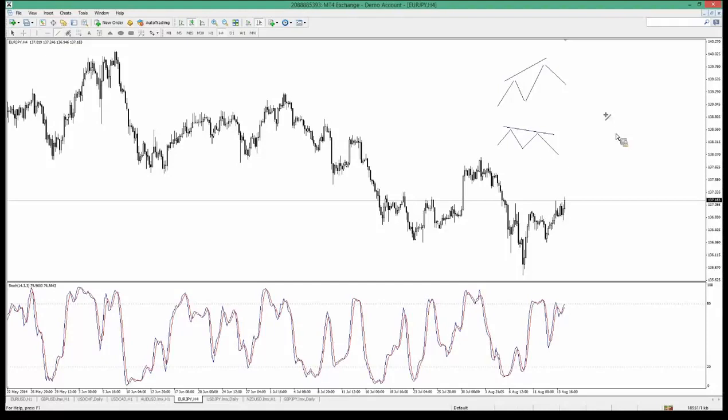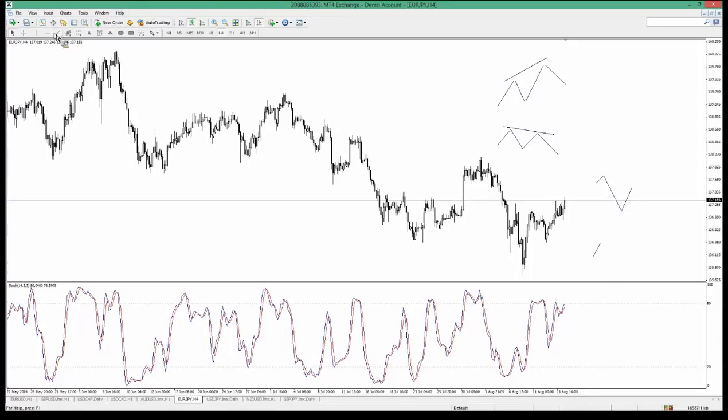In the downtrend, we basically have price doing this. Here's price, it rallies like this. But the indicator itself is doing something like this.